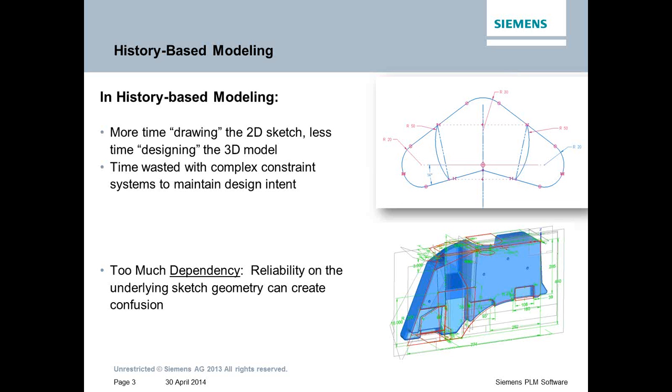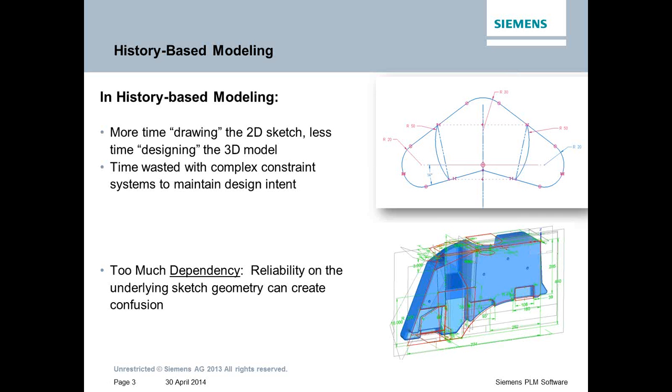And essentially in constructing the 3D part model, if you were to look under the hood, per se, of how a 3D model is constructed with this history-based modeling approach, it's going to look something like what you see down here in the lower right-hand corner, where you have all of these different 2D sketches, constraint systems, and dimensions on the 2D sketches, which make up the 3D model.